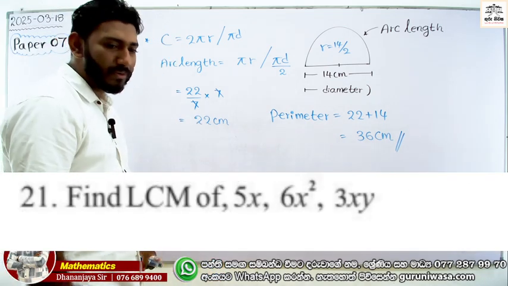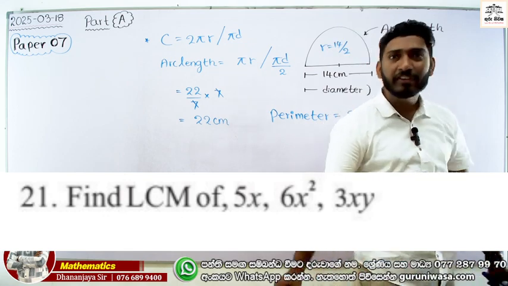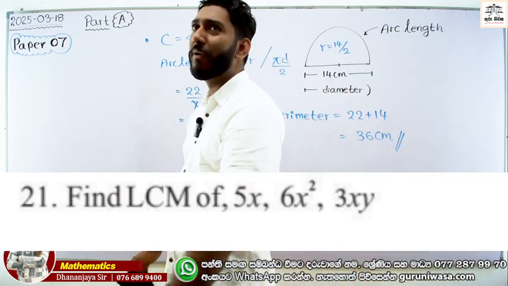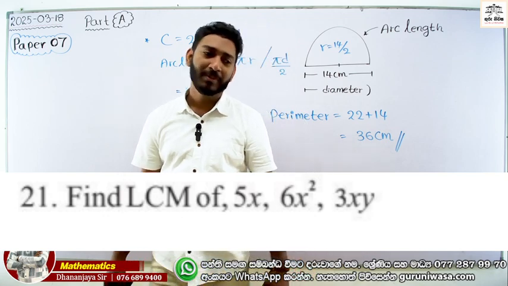Question number 21. This one's also relevant to grade 10. Last lesson in the first term. What is that? Lowest common multiple of the algebraic expressions. Now, find the answer.